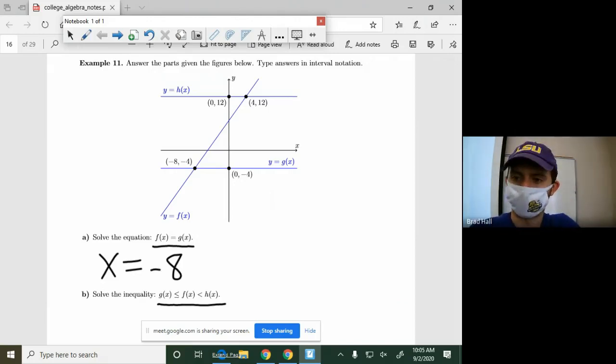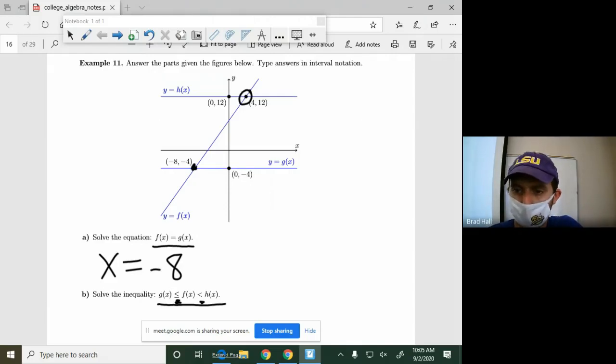So in essence, what it wants is this point included, because there's an equal to part over there. And then an open circle here, because with h of x, there's no equal to part. And it wants to know the area in between those two. It wants to know when f is sandwiched in between those two horizontal lines, g of x and h of x.